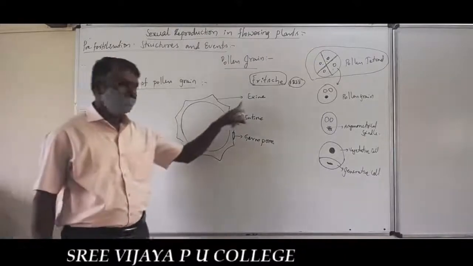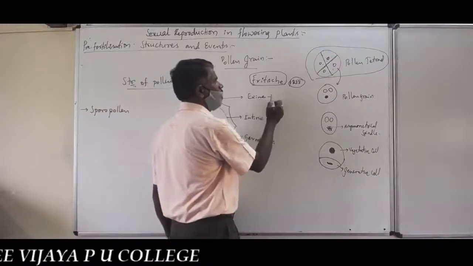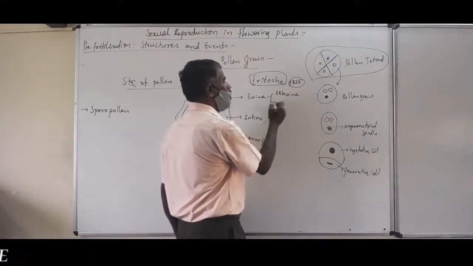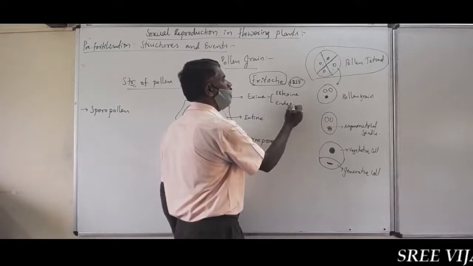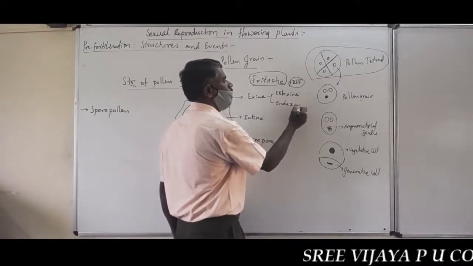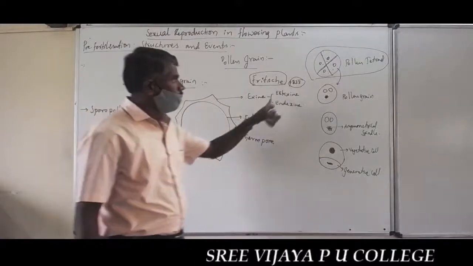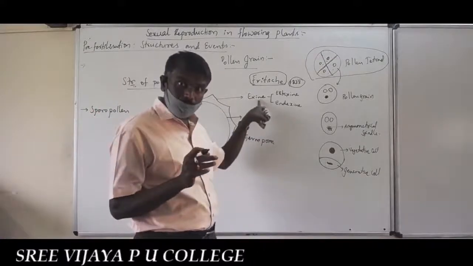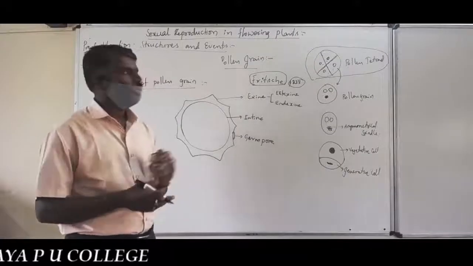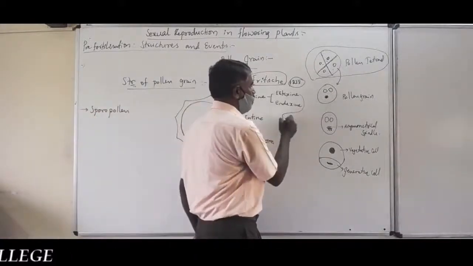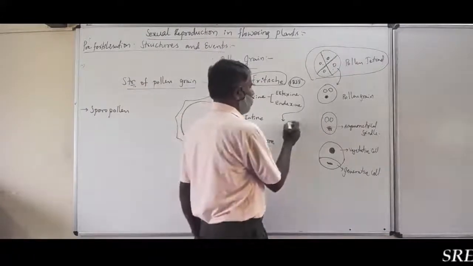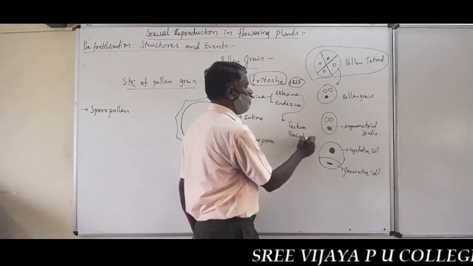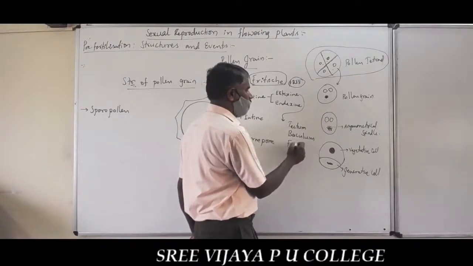Sporopollenin. In the detailed structure, the exine is again divided into ectexine and endexine. The ectexine is the outer layer, and the endexine is the inner layer of the outer wall of the pollen grain. The exine again consists of three wall layers: the outer tectum, the middle baculum, and the inner foot layer.